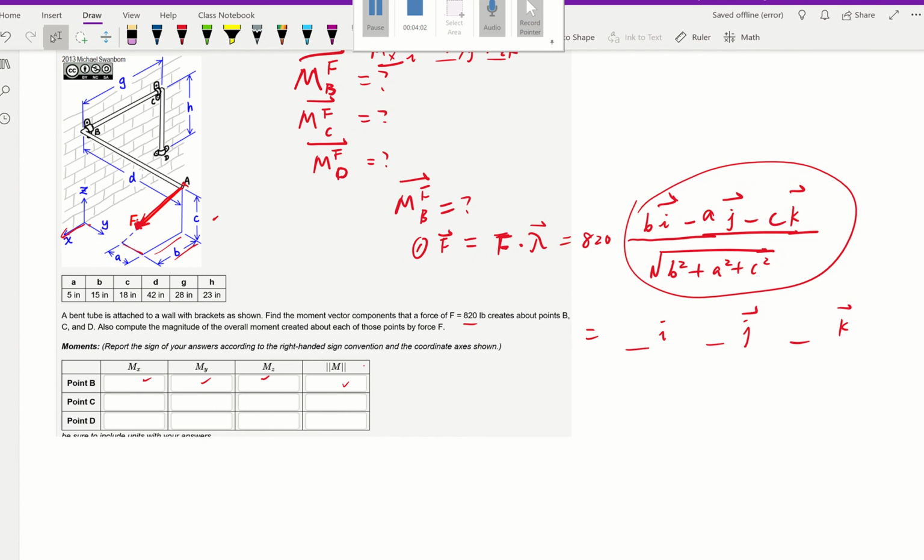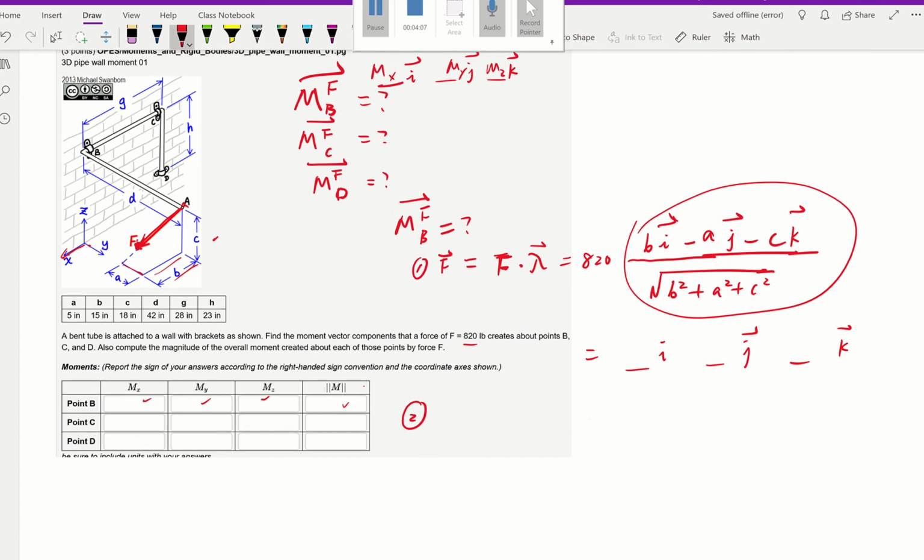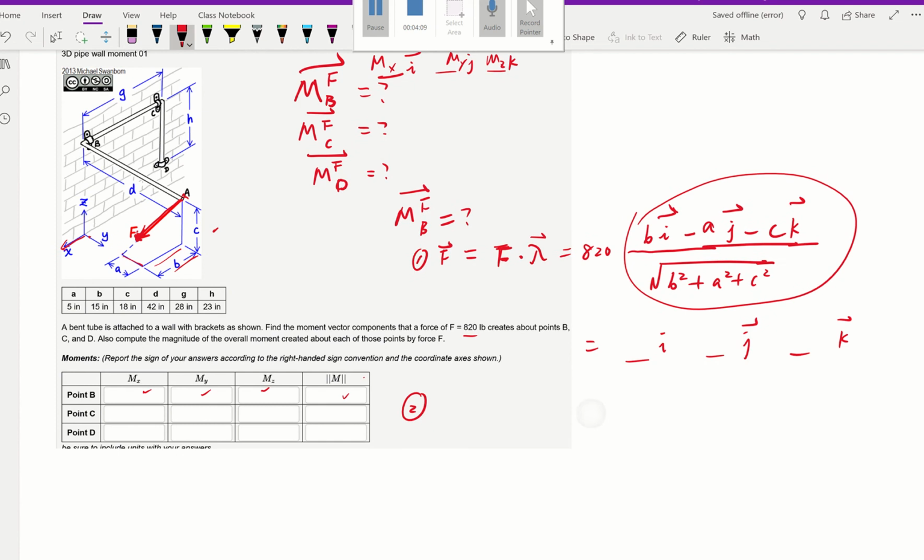Then the next step is the position vector. For this force rotating about B, we can write it right here: it's r cross F, and this r has many possibilities. It's rotating about B, so it starts at B and touches any point on this force.